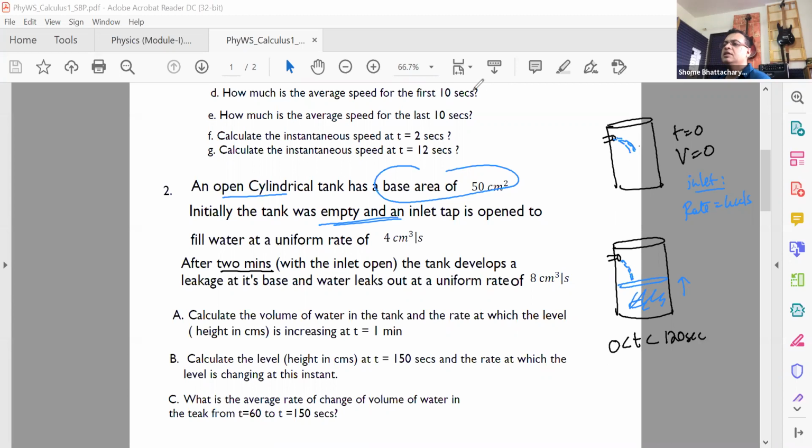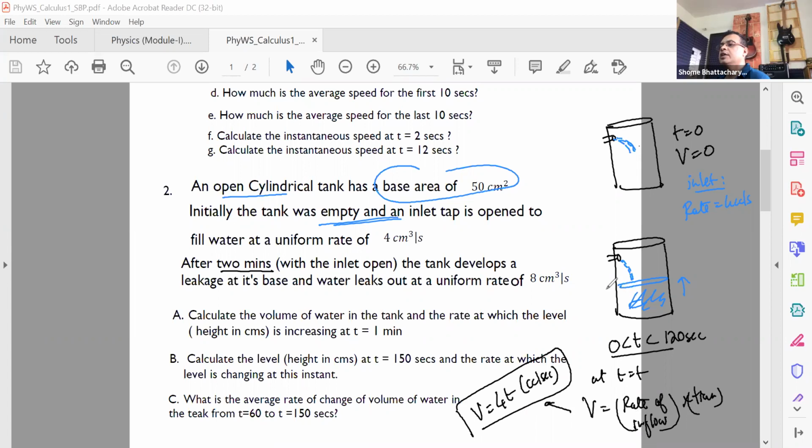So at a general time t, you can see that the volume of water will be the rate of inflow, so it's a uniform rate, into time. From that we can express volume as a function of time. Volume is becoming 4t, in cc per second.